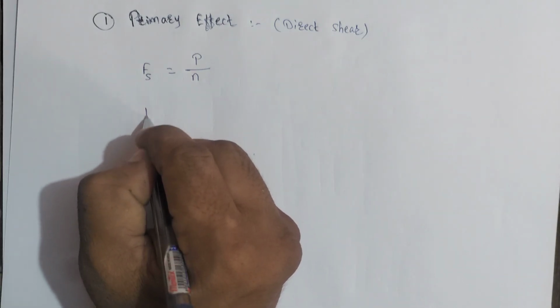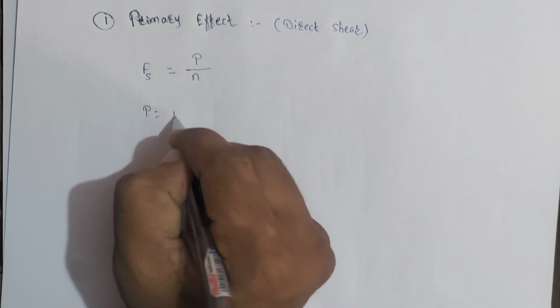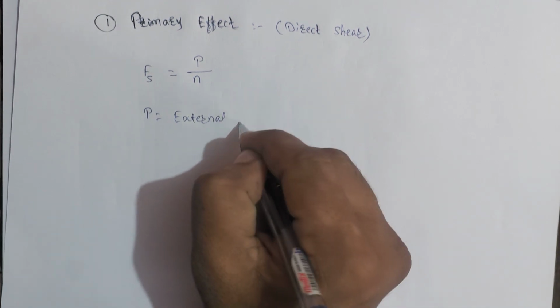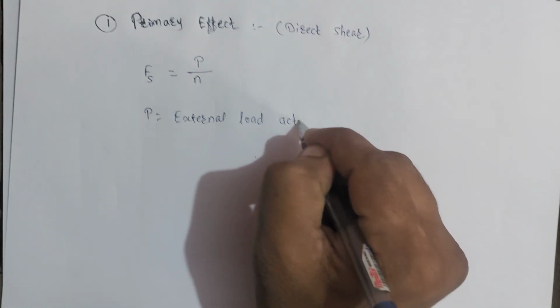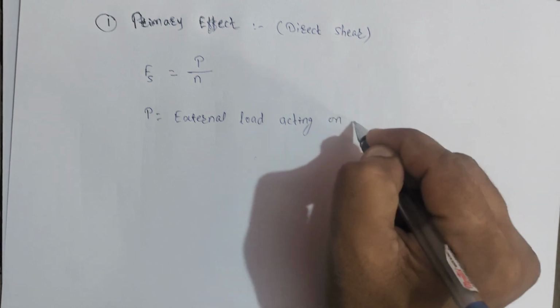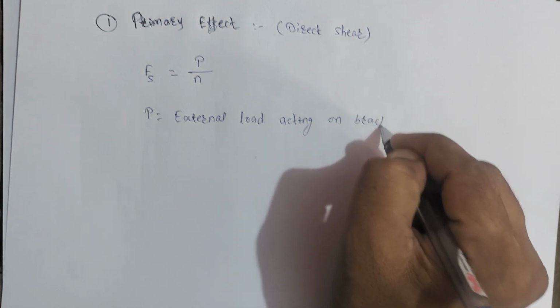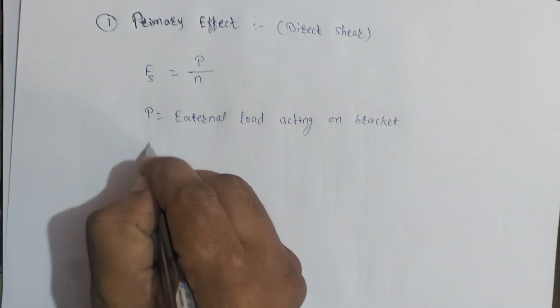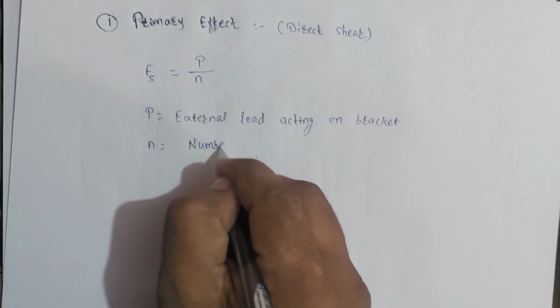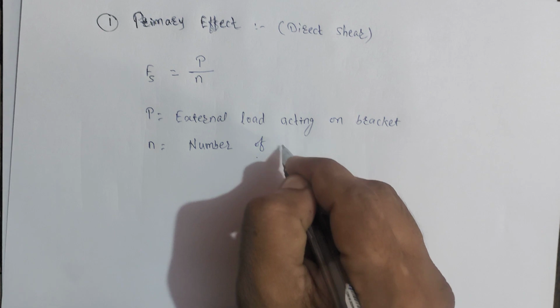So here P is the external load acting on the bracket, and N will be the number of bolts.